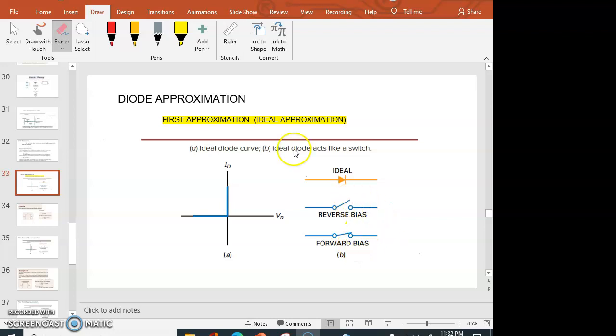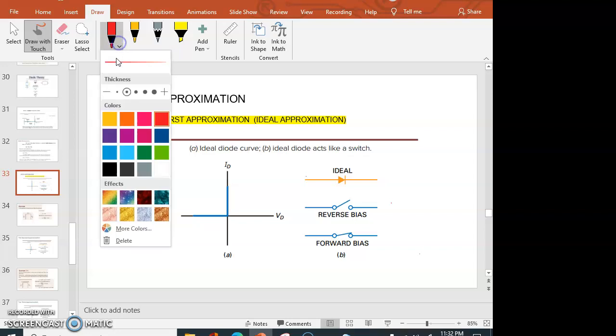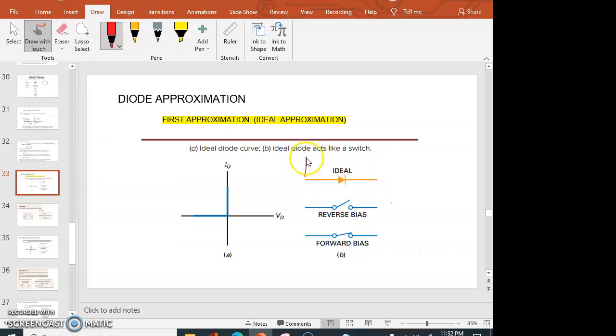So what does it mean? Meaning to say, if we bias the diode such as we apply here a negative terminal of the supply voltage and this positive is connected to the cathode. Now this type of biasing is what is known as the reverse bias.